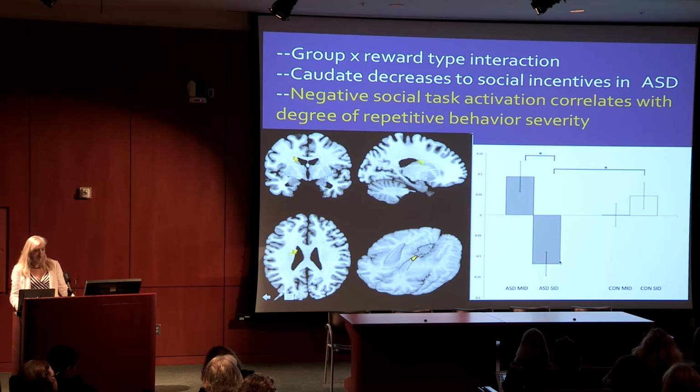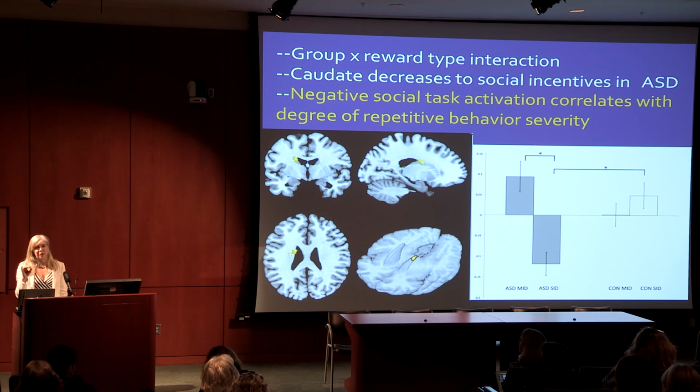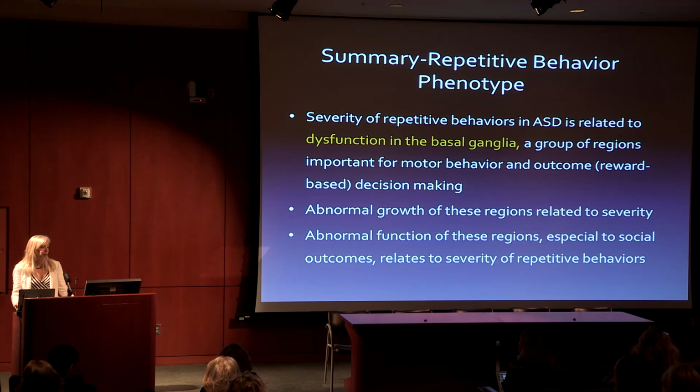And what's important is that the degree to which this decrease takes place relates to the degree of severity of the repetitive behaviors. So there is an abnormal structure in this area, but there's also tremendous abnormal function that appears highly specific to the social aspect of the stimulus, anticipating a social reward, and which is clearly related to the repetitive and restrictive behaviors.